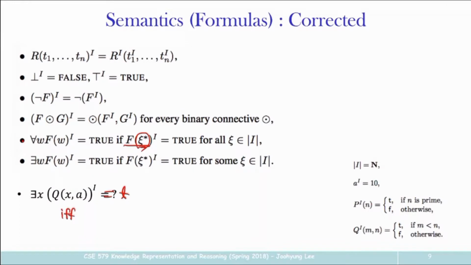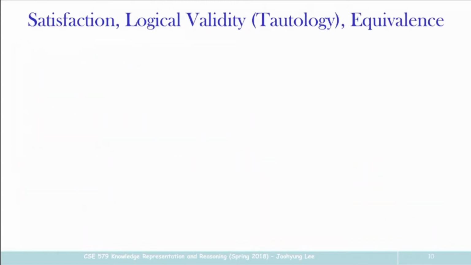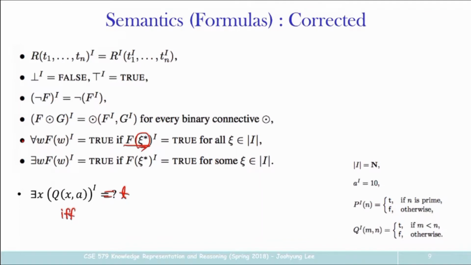If you are confused about all the buggy definition, you can forget it. But this is actually something that you have to remember. Note here that when you define the semantics, now we are using this extended signature, with all the names of the individuals here.